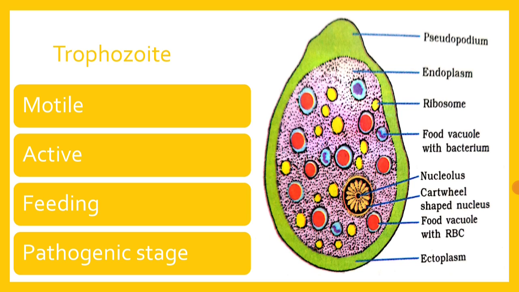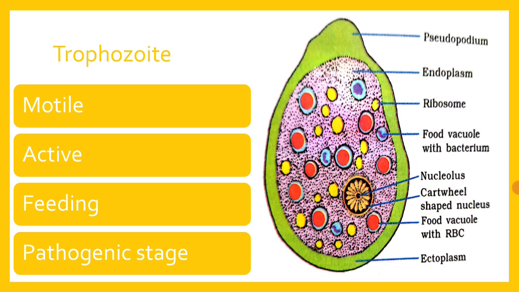So, this is another important characteristic feature. So, let me repeat: the presence of food vacuoles loaded with RBC and intestinal bacteria and the presence of cart wheel shaped nucleus are the two important identifying features, diagnostic marks of Entamoeba histolytica trophozoite stage.